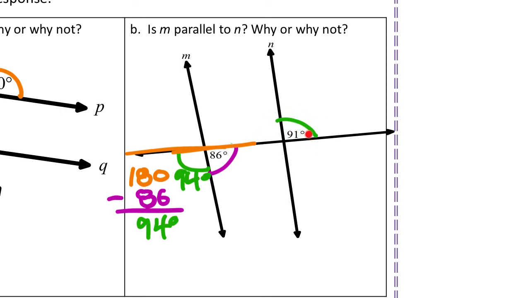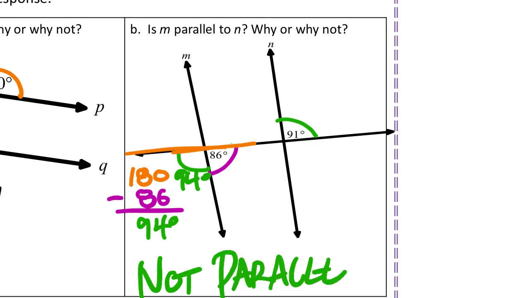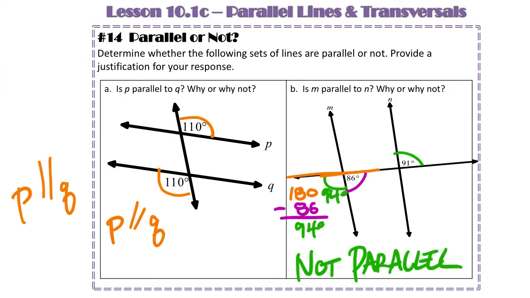They're not the same, but if lines M and N were parallel, it'd have to be exactly the same. But since they're not, these two are not parallel. But yes, that would work if you took 91 and 86, knowing that the two would need to make a linear pair. That would work.